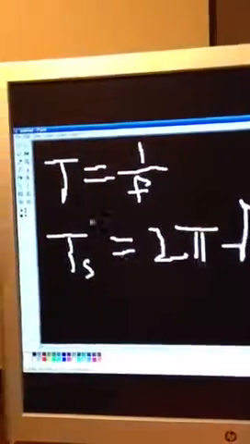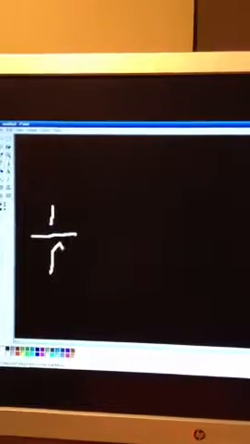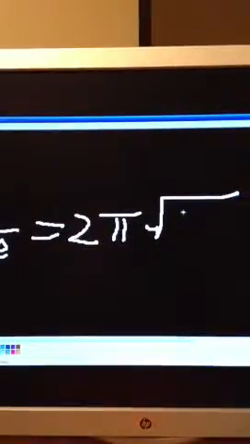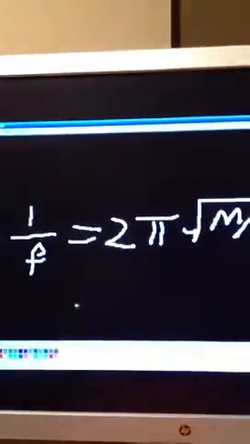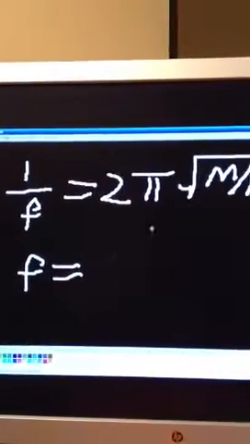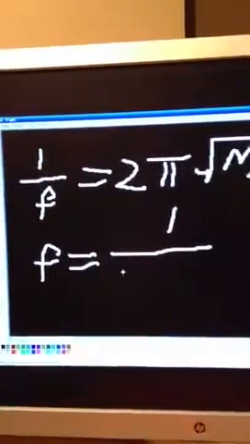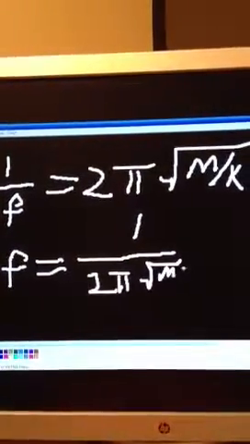From these two equations we can substitute Ts for 1 over f, so we get 1 over f equals 2 pi times the square root of m over k. If we move things around, we end up getting that the frequency is equal to 1 over 2 pi times the square root of m over k.